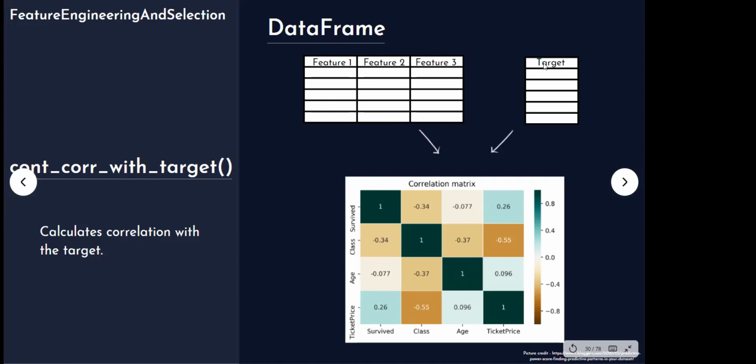As I said before, in data processing, the first method separates the target variable as x and y. This is an automatic process, so it separates x and y in the first processing method. After that, we come to the feature engineering and selection class. Okay, go ahead.